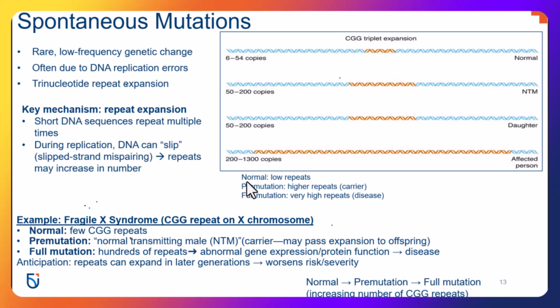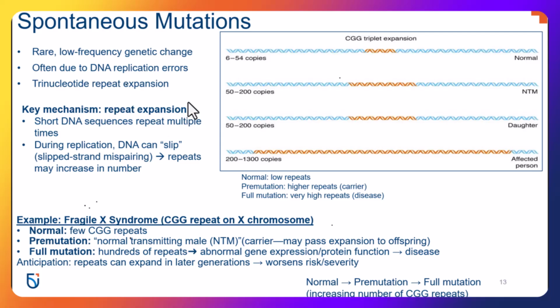So for example, it could be CGG, CGG, CGG, CGG. Now, these repeat regions are actually pretty common in the human genome and can be considered stable, but sometimes they become unstable and can continue to expand.